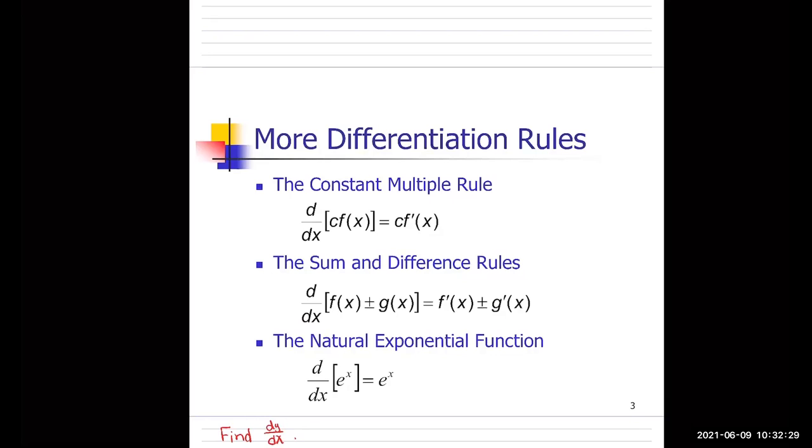So what that means is if I'm taking the derivative of 4x to the third, what this rule says is that since this 4 is just a constant, you could pull it out front. That's what it really says, that you can pull a constant in front of the derivative.